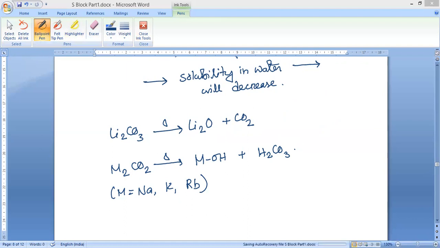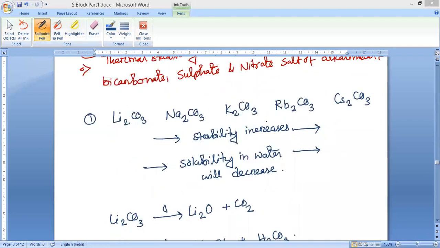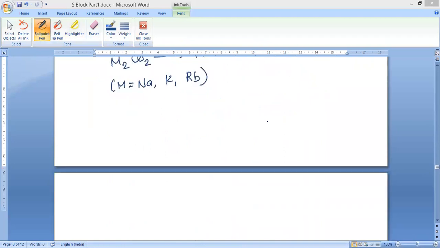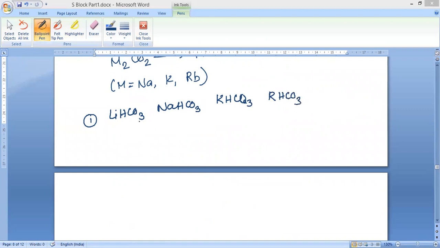Now coming to bicarbonates. So this is about carbonate. Now coming to bicarbonate. In case of bicarbonate, LiHCO3, NaHCO3, KHCO3 potassium bicarbonate, rubidium bicarbonate.